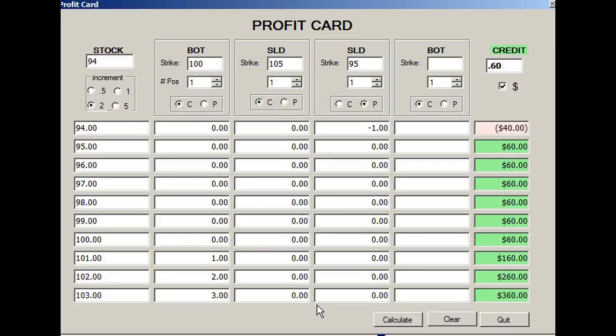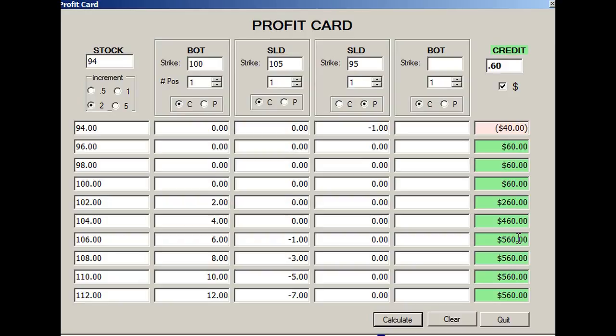But in addition to that, let's just flip this out to 2 points per row. We can see that our max profit is up to $560 once you account for the $300 we received for selling the put. So just a simple explanation of a pretty straightforward trade, not that complicated.